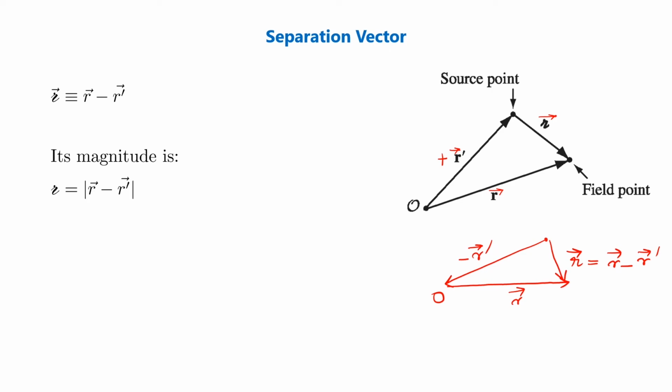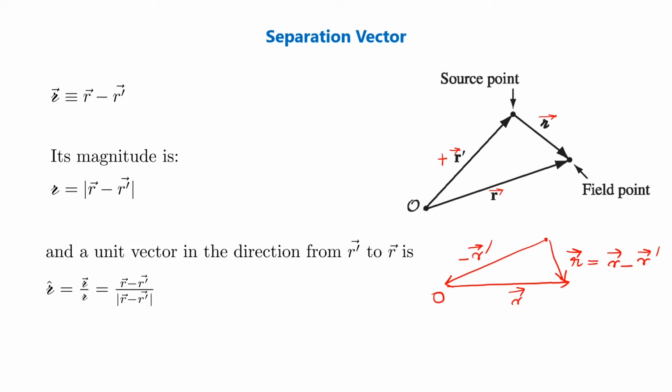Its magnitude is given by script r is equal to the modulus of vector r minus vector r prime. A unit vector in the direction from r prime to r is given by script r hat is equal to vector script r divided by script r, that is equal to vector r minus vector r prime divided by the modulus of vector r minus vector r prime.